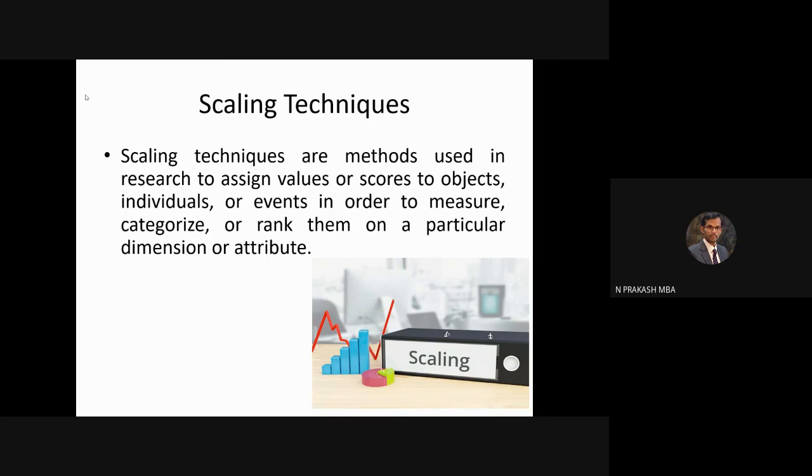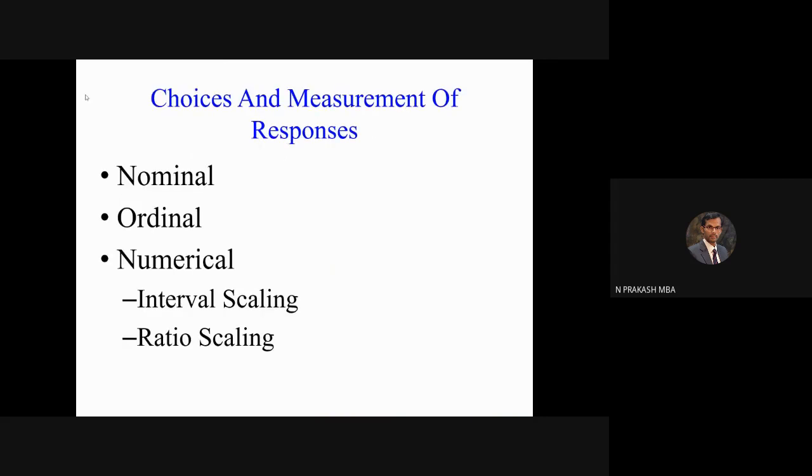Next, there are different classifications of scaling techniques, which we call the choice and measurement of respondents. There are categories: one is nominal scaling, the second is ordinal scaling, and the third is interval scaling.